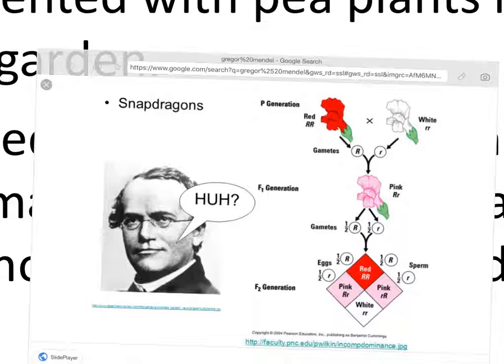But he also worked with pea plants, and there was dominance and recessiveness like we were talking about earlier. And he did crosses. And with pea plants, he ended up with either all red flowers or all white flowers, but in an unequal ratio. Okay?